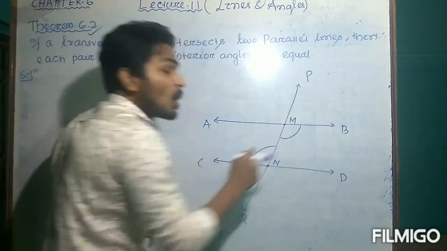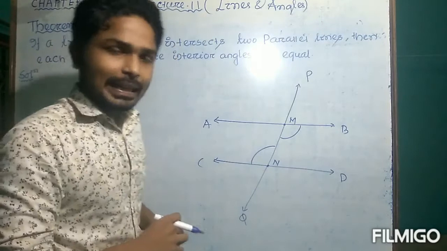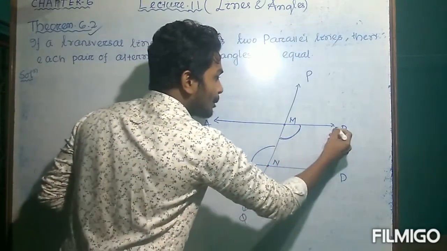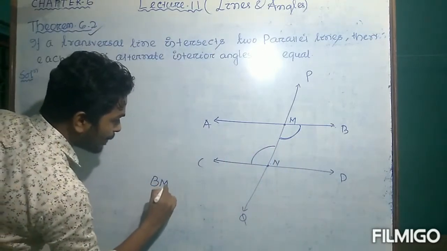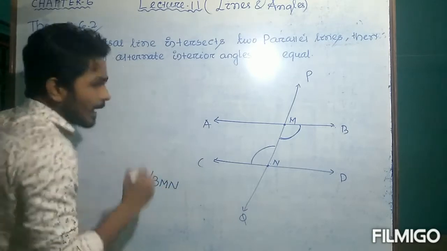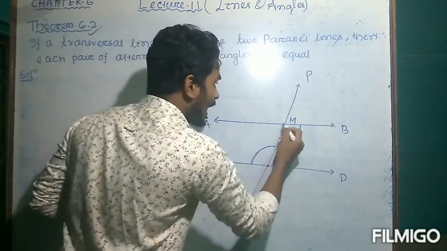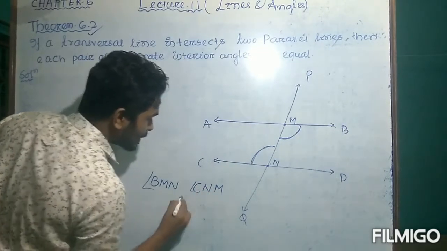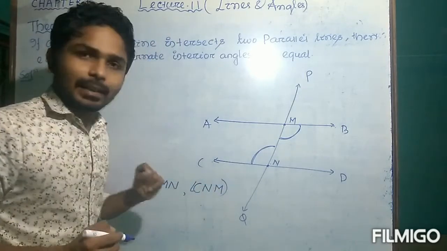And they are also non-adjacent. So you can write the name of this angle as BMN, and the other angle is CNM. So this is the first pair of alternate interior angles.